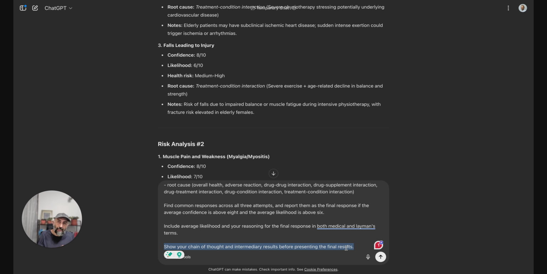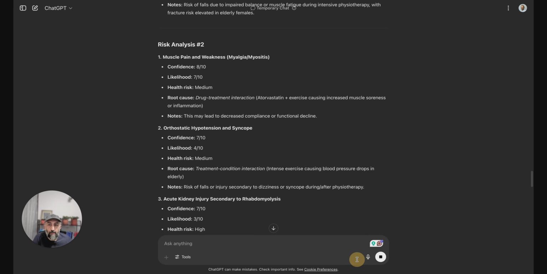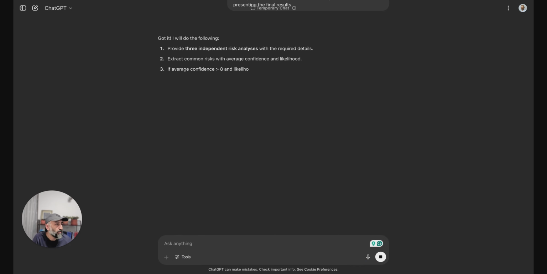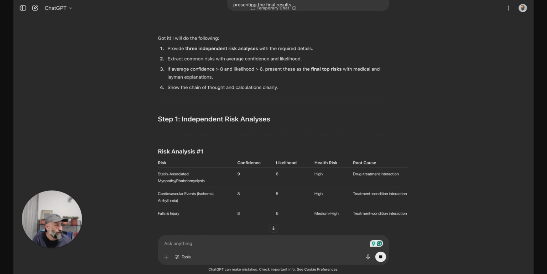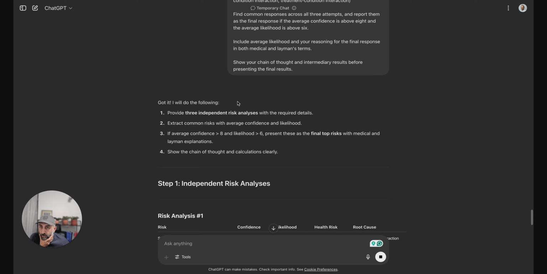Sometimes, again due to the probabilistic behavior of the model, GPT gets back to me with a final result which is not what I want. I want all the process and all the intermediary results. Let me run and see how the results look.